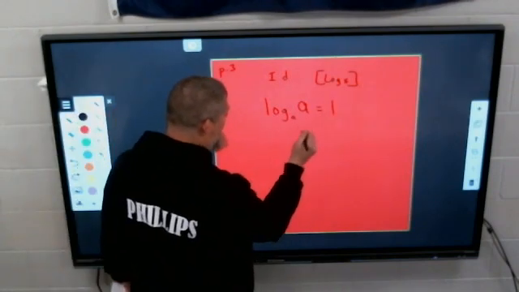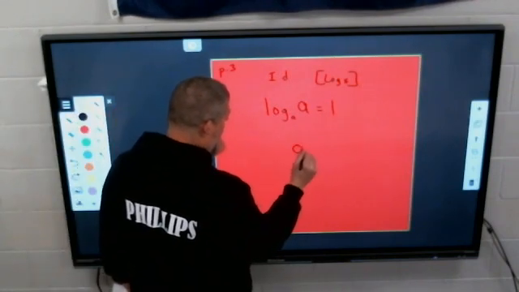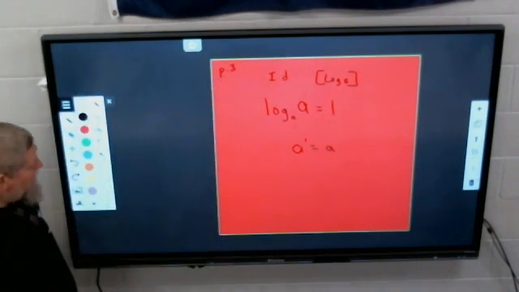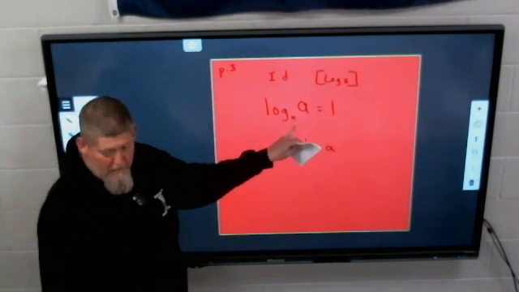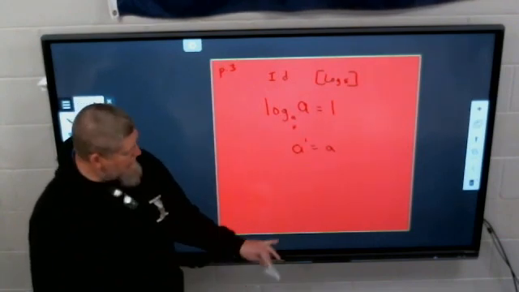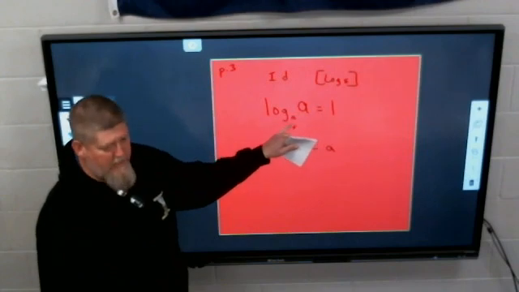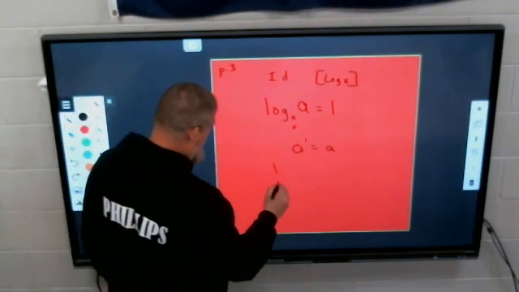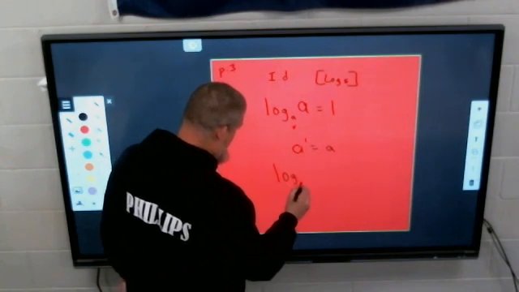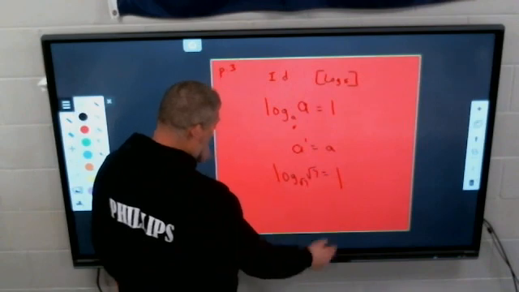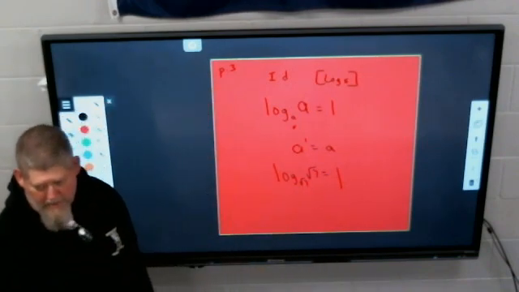Because if you swoop it, A to the first equals A. So as long as the argument and the base are the same, the answer will be 1. Like for instance, log to the base square root of 7 of the square root of 7 equals 1. As long as they match, the answer is always 1.